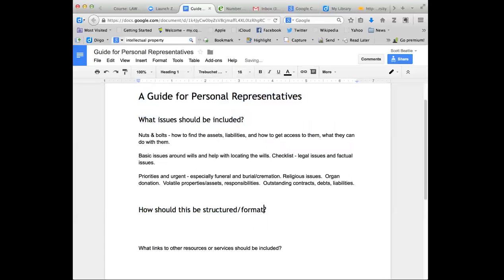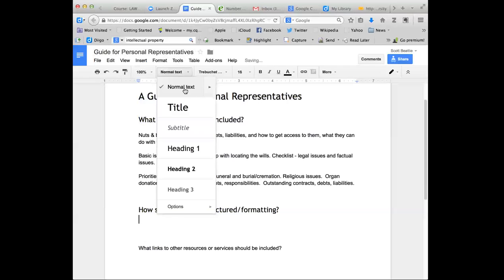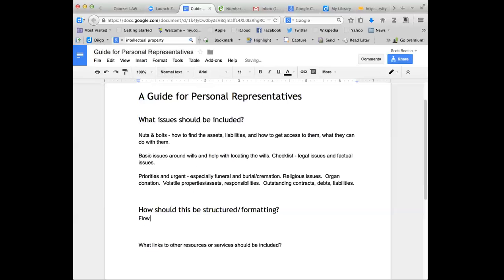So structure and formatting. What do you think would be the most useful? Do you mean, say, in terms of a flow chart or something? Definitely put that down as a note.